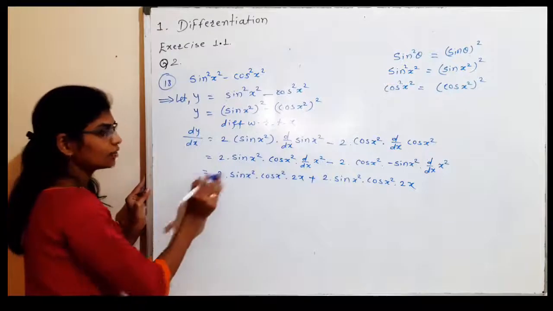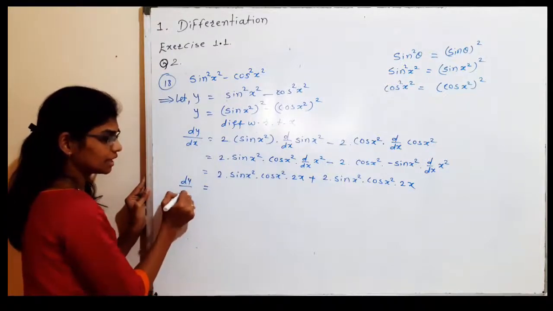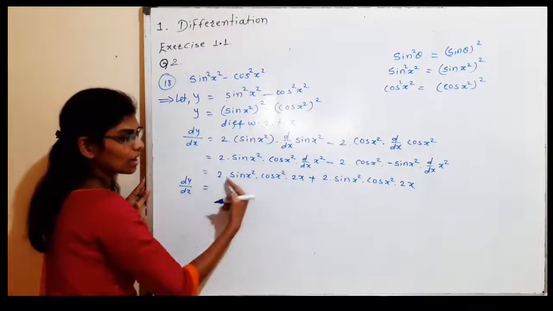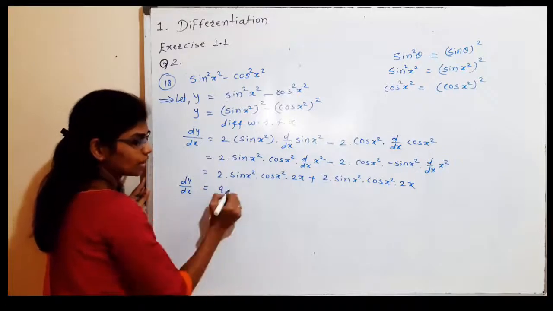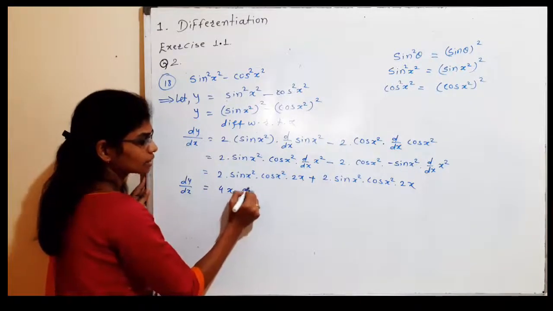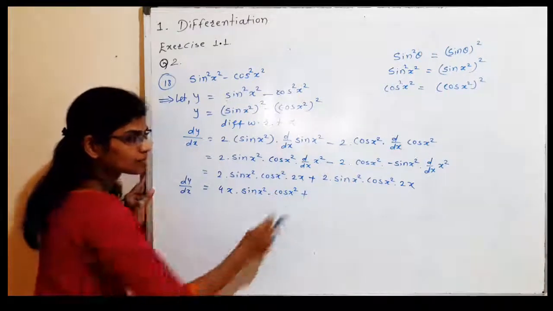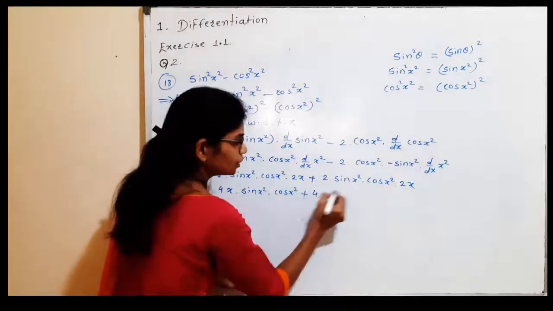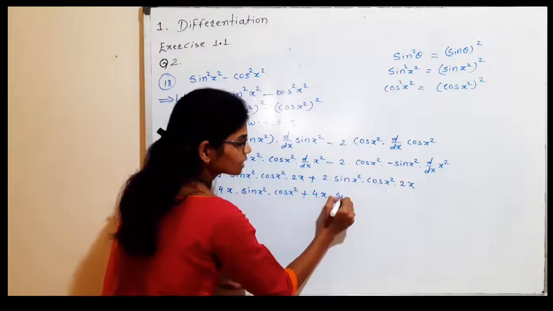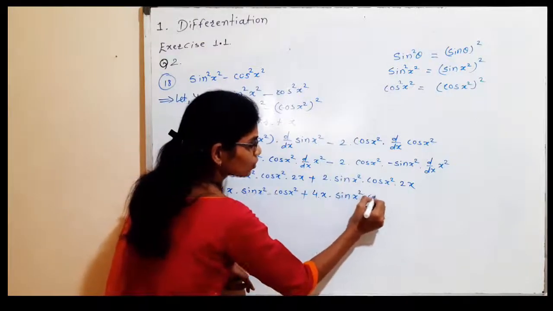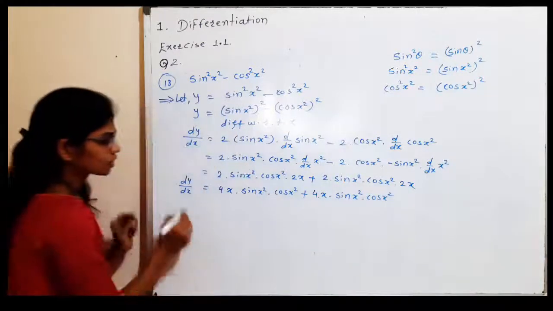So at the next step we can write dy by dx is equal to 2 into 2, that is 4, into x multiply by sin of x square into cos of x square, plus 2 into 2, that is 4, into x multiply by sin of x square multiply by cos of x square.